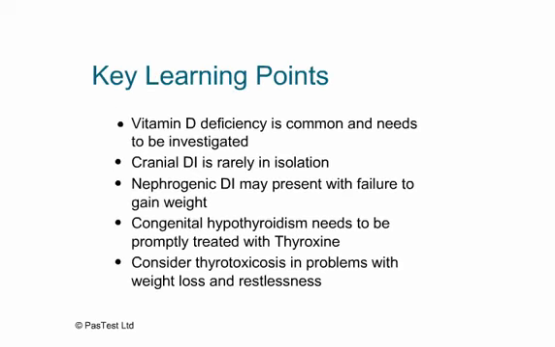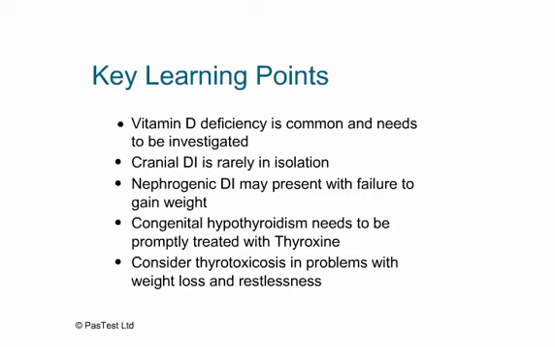The key learning points of this lecture, therefore, are: vitamin D deficiency is relatively common and needs to be investigated, particularly in Asian children. Diabetes insipidus can have several forms: cranial, nephrogenic. Cranial diabetes insipidus is rare in isolation.